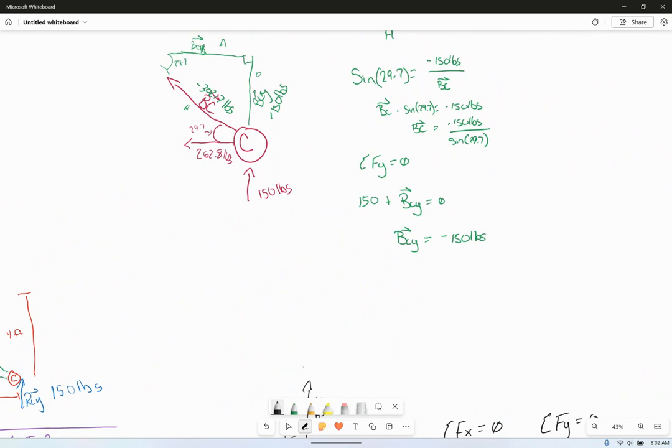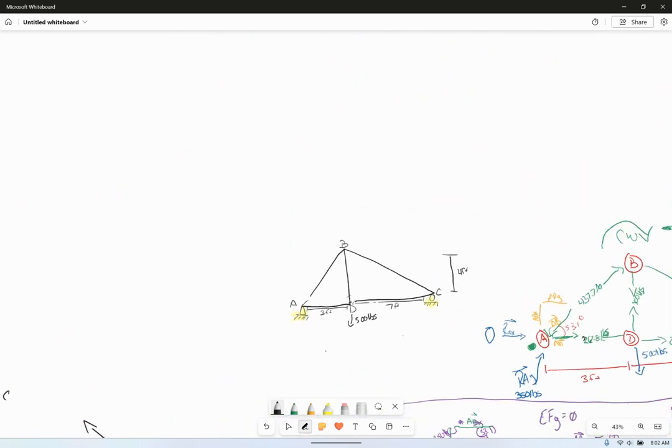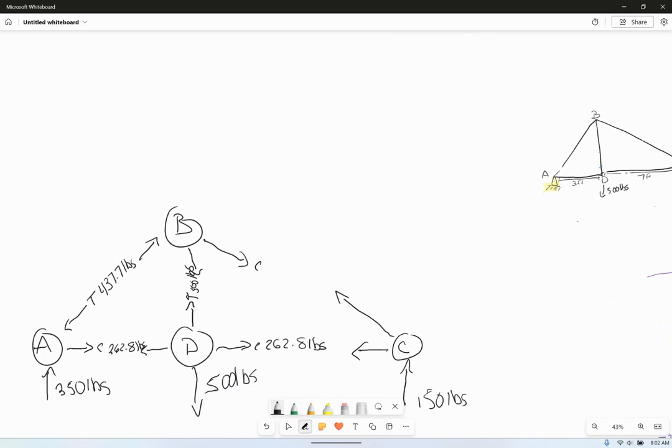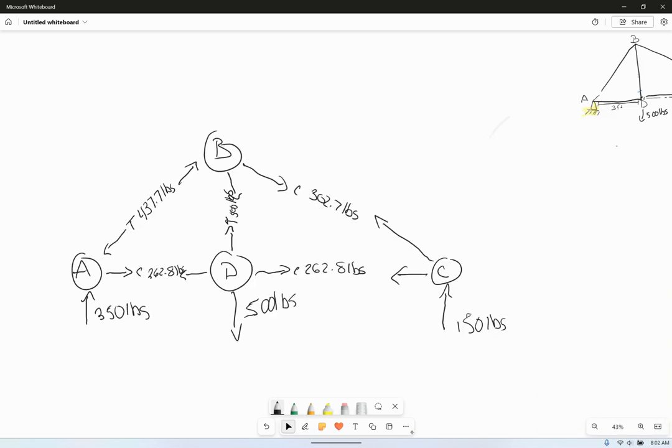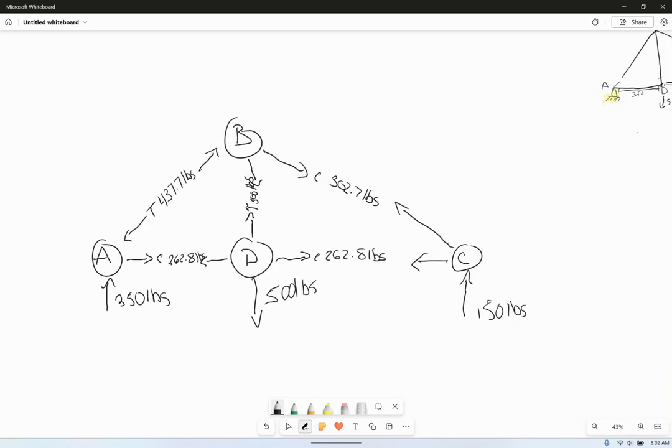I didn't write it down. It was negative 302.7. Okay, so that is going to be in compression, 302.7 pounds. And that right there is our summary truss calculation for the forces.